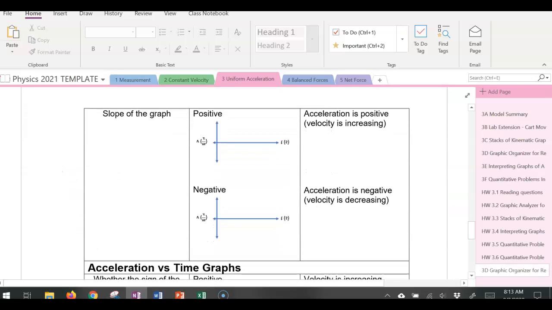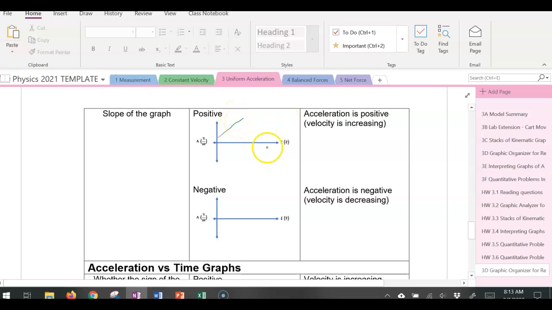And then the slope of the velocity versus time graph identifies the acceleration. So, whether acceleration is positive or negative. And so you could have something that is speeding up in the positive direction. That acceleration would be positive.